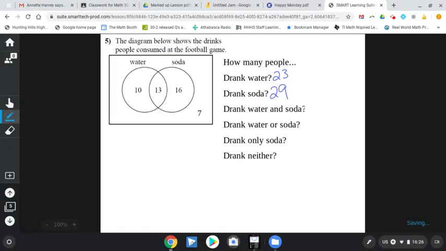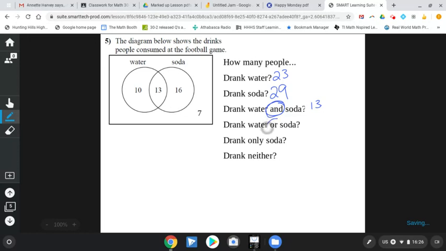Okay, now watch your connector words here, "water and soda." I have to look right here because this 13 belongs to both circles. It's in the water circle and it's in the soda circle. So there are 13 people that drank both.